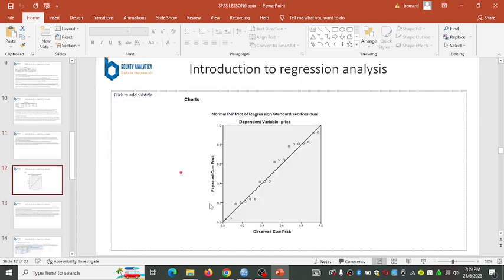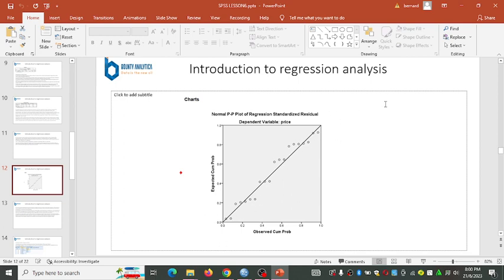Yes, inakuja mpaka hapo. We have this chart. Check at your own time. The use of normal PP plots of regression analysis. This plot is used to plot the observed cumulative probability together with the expected cumulative probability after estimating.